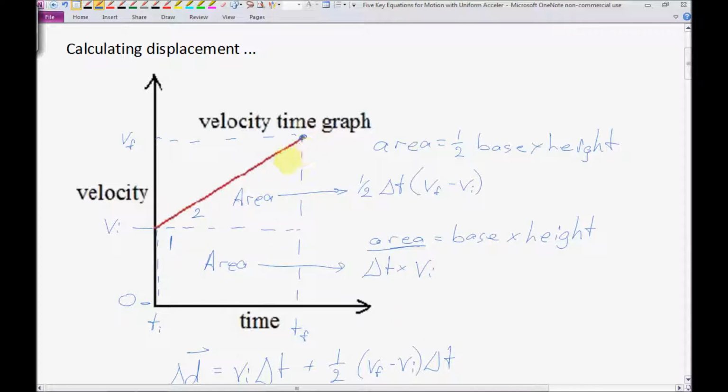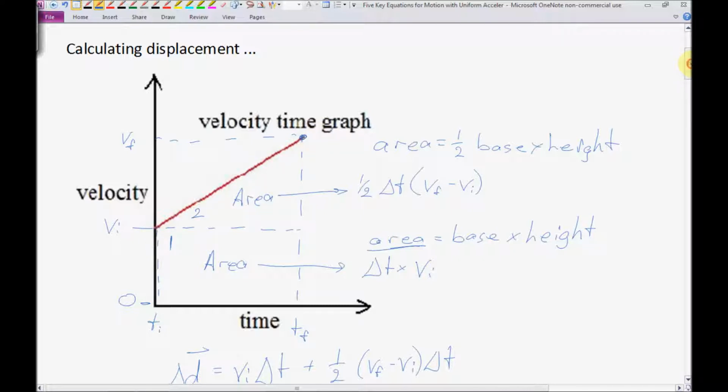Area 2 is going to be this triangular area over here. The area of a triangle is half base times height. So we're going to multiply half delta t, which is this length here, times the height of this triangle, which is the final velocity subtract the initial velocity from this red line.